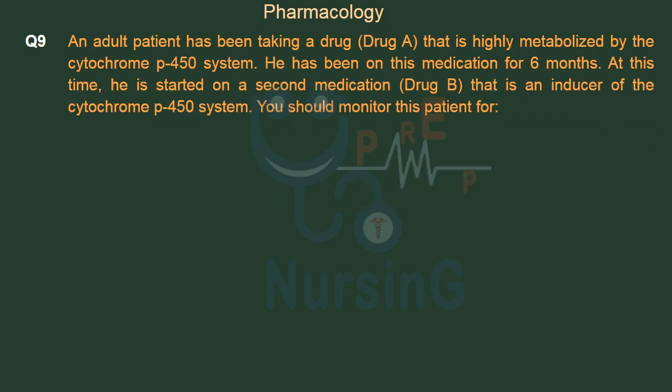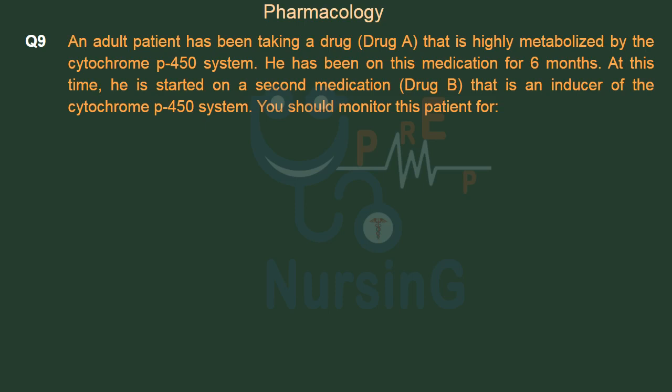An adult patient has been taking a drug A, that is highly metabolized by the cytochrome P450 system. He has been on this medication for 6 months. At this time, he is started on a second medication, drug B, that is an inducer of the cytochrome P450 system.